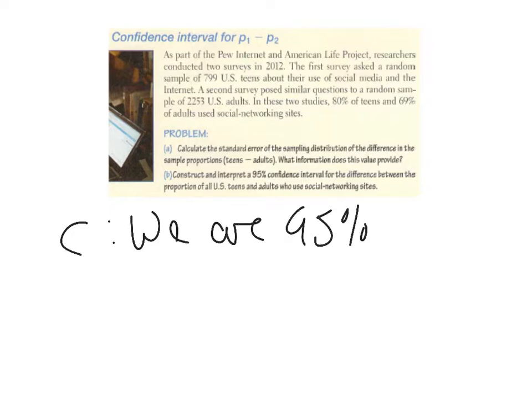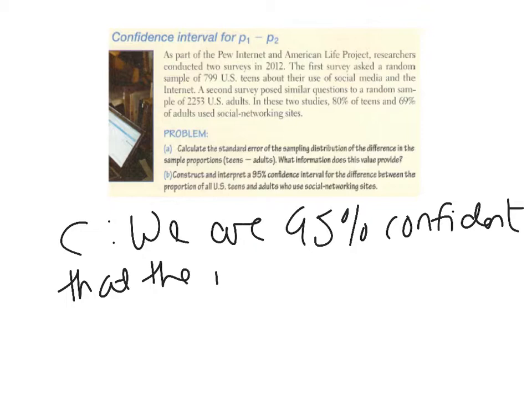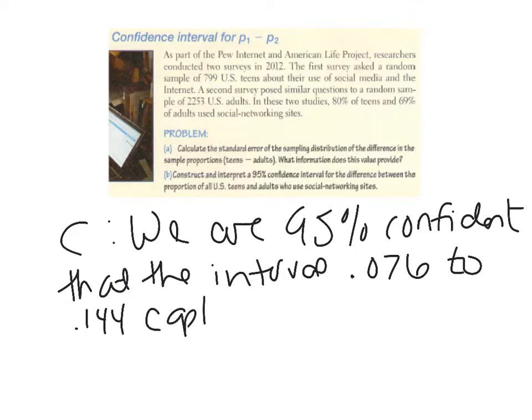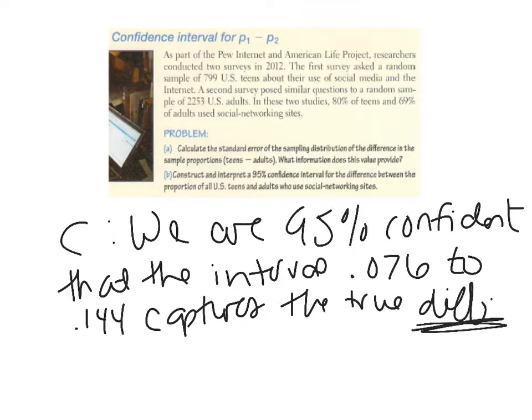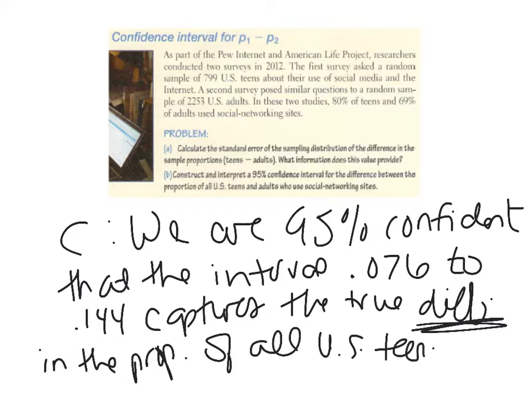We are 95% confident that the interval, and I'm going to use the one that is hand calculated versus the one on the calculator because I don't remember what it is, so 0.076 to 0.144 captures, and here's my slight difference, the true difference in the proportion of all U.S. teens and adults, keeping it in that same order of teens and adults, who use social networking sites.